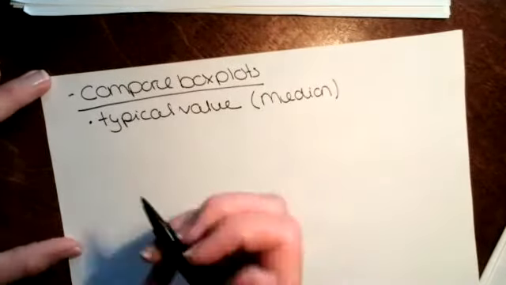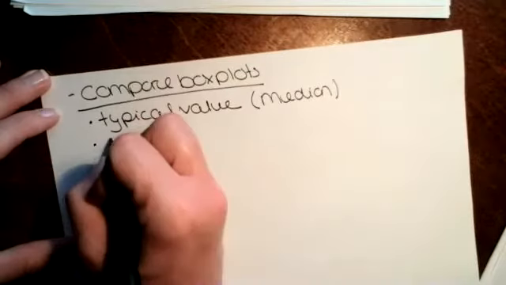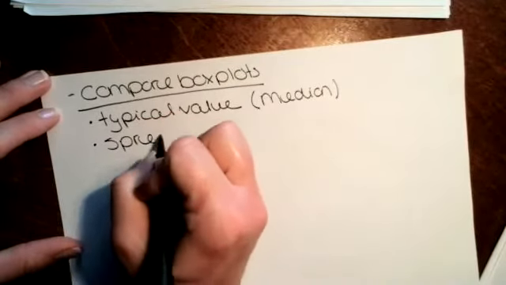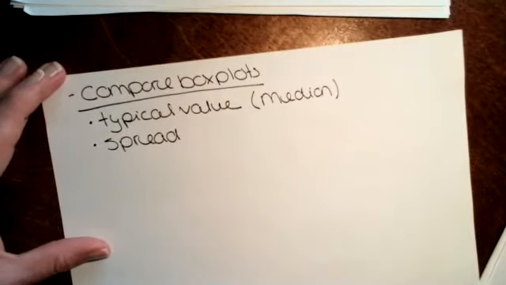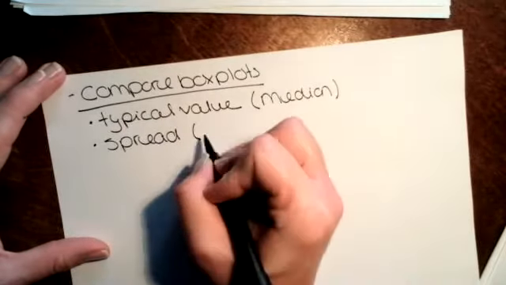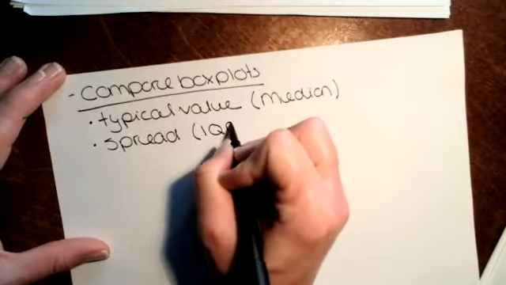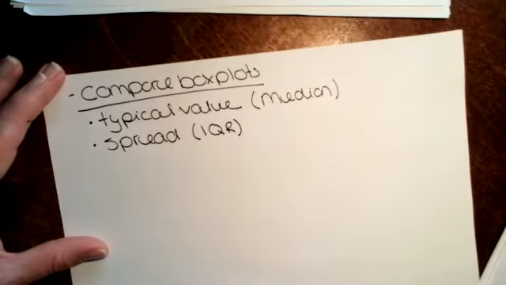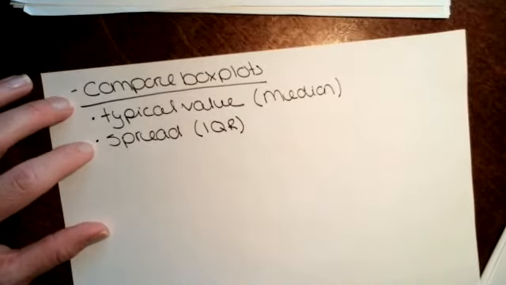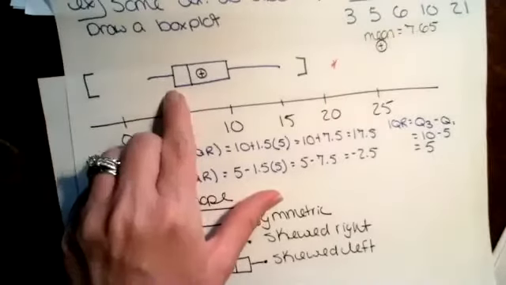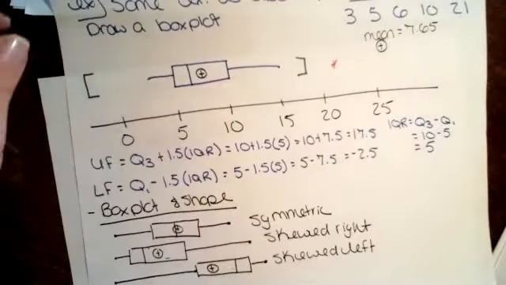That's my line in the middle. We want to compare the spread of the box plots, so we're comparing from one box plot to another. When we're looking at the spread, we want to take a look at the IQR. So we're not going to look at the standard deviation here. We're not going to look at the range. We're going to look at the interquartile range. So we want to look at the width of the box. We want to compare them.